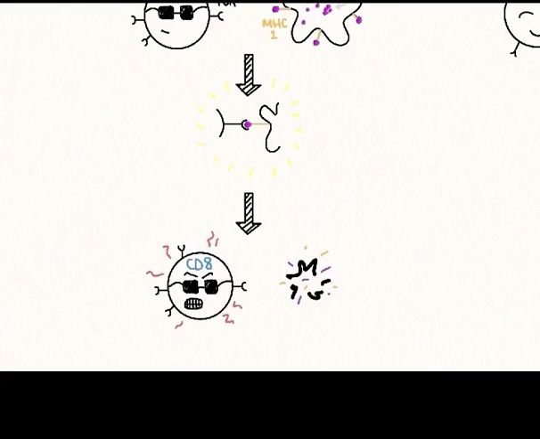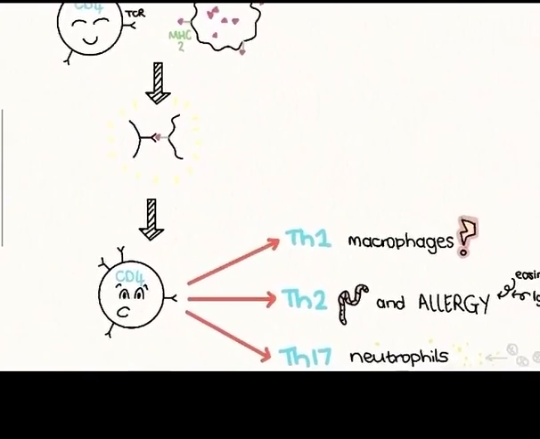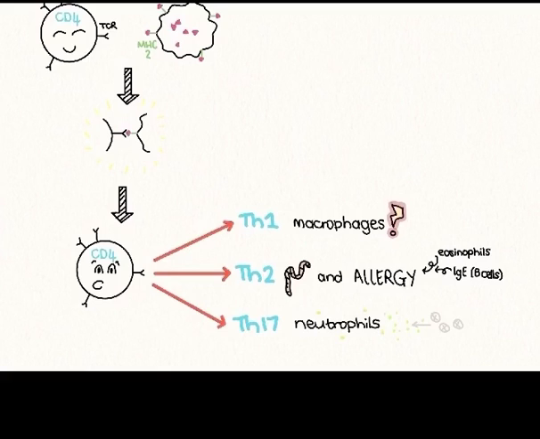Savage, I know. And CD4 receptor T cells, which recognize pathogens presented on antigen-presenting cells depending on their function, may be classified into Th1, Th2, or Th17, and T follicular.